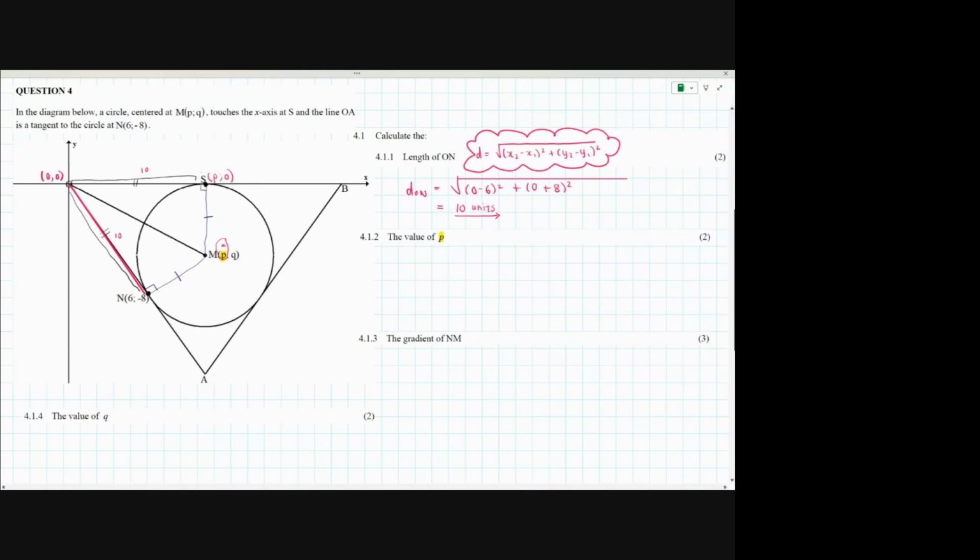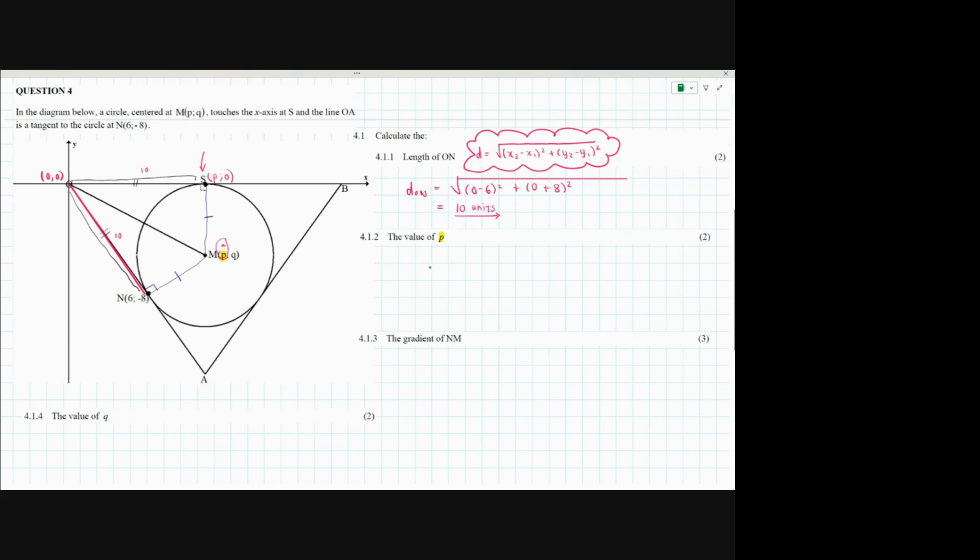So if I can figure out how far away S is from the origin, I have my coordinate. And we have just worked that out. So we actually know that our x-coordinate is 10.